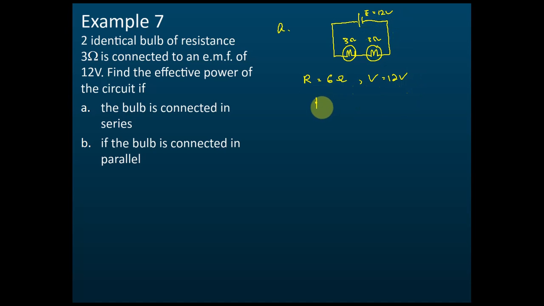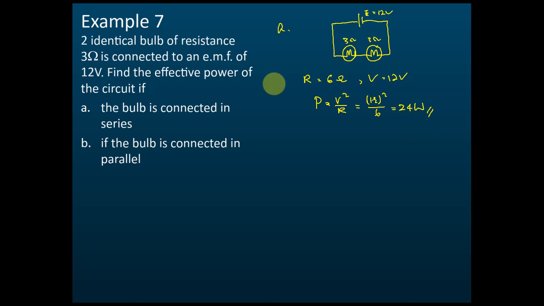Therefore, the power P equals V squared over R, which is 12 squared divided by 6. Use your calculator: 24 watt. So that is the effective power of the circuit.